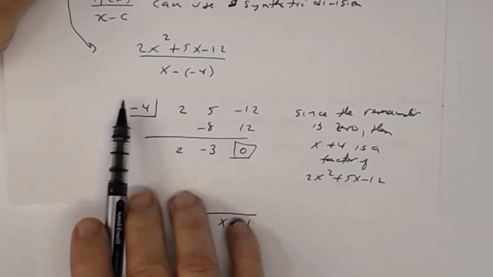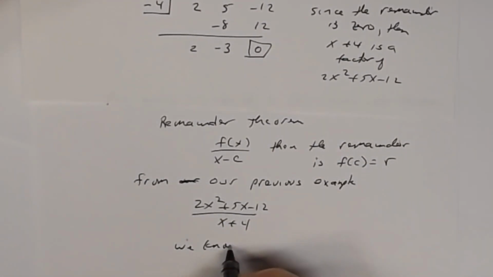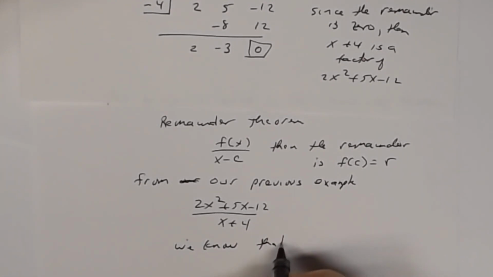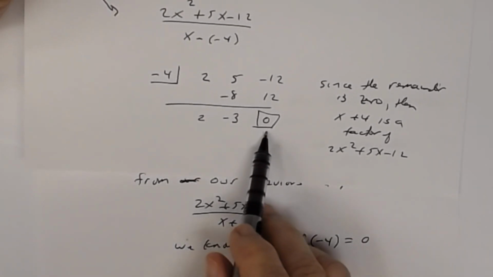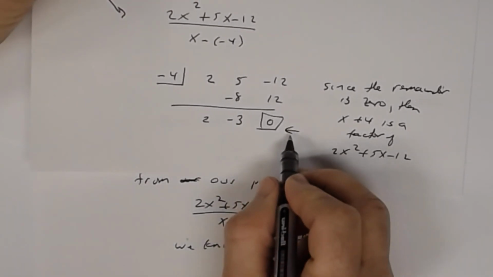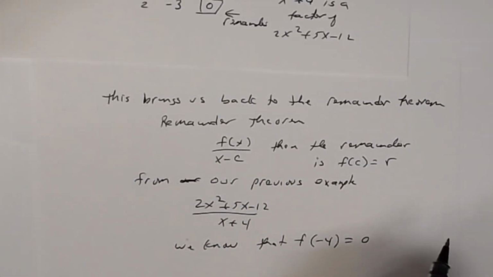So here's your c right here. So we know that f of negative 4 is equal to 0 because that's our remainder. So our remainder is 0.